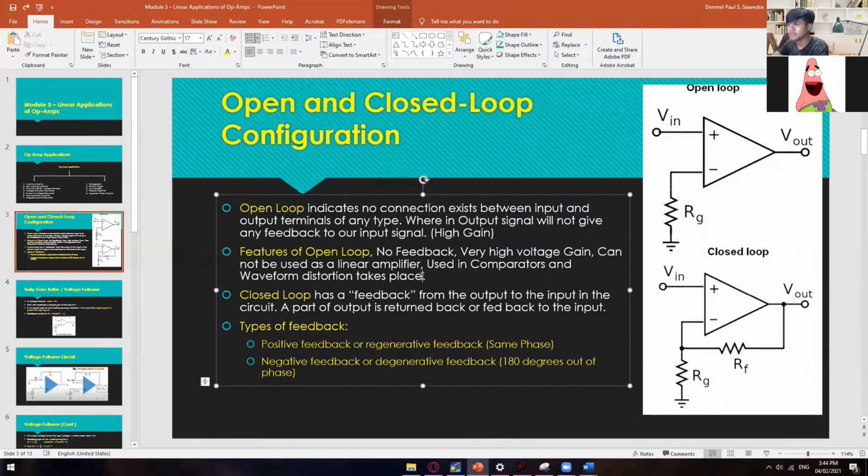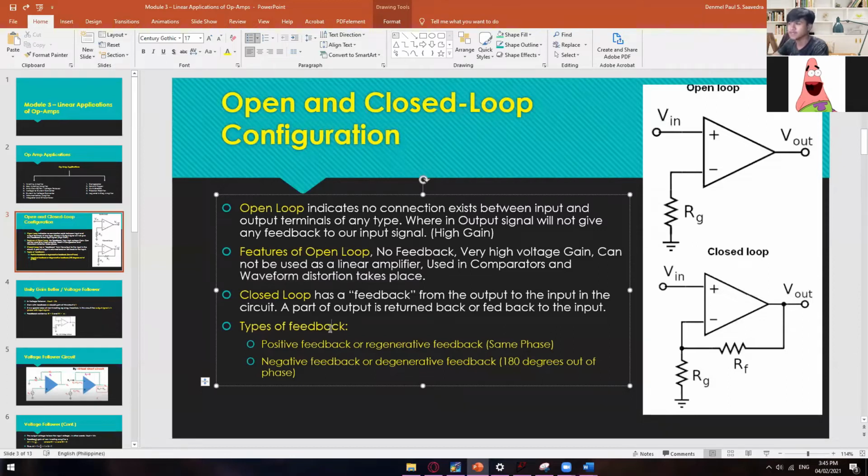At the same time, it is not susceptible to waveform distortion. The gain is not really small, it's still high, but it is now controllable, with less distortion of the waveform.